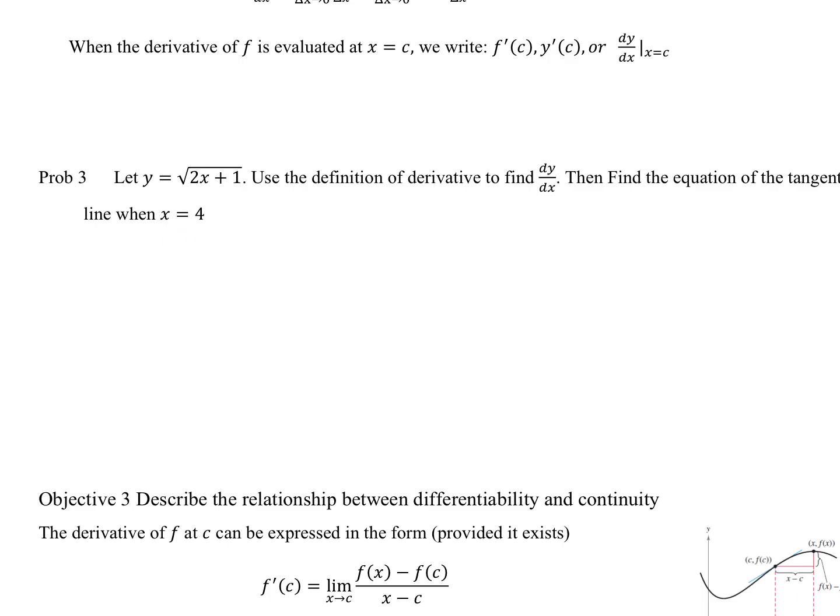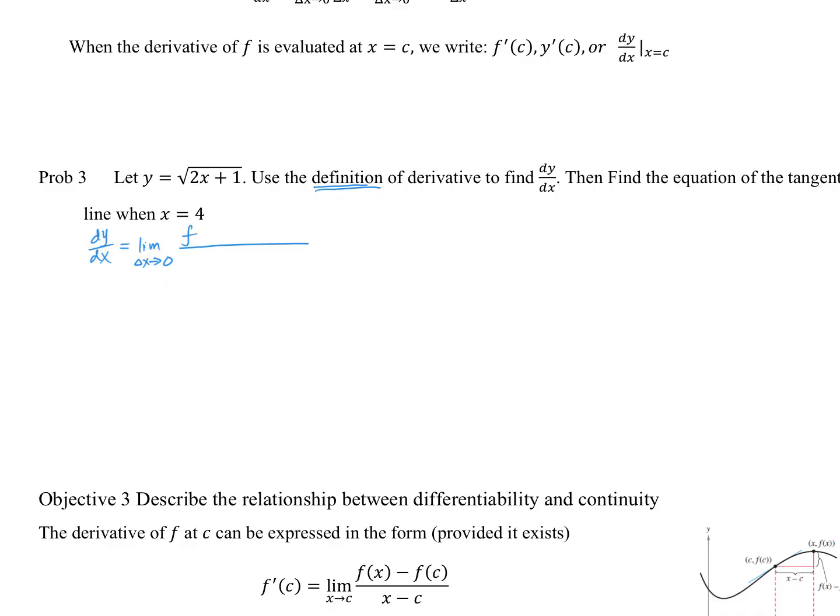Well, first of all, we need to find the dy dx, which means, again, we are required to use the definition. So we are going to start writing the limit notation. Delta x approaches 0, and the top is the change in y, the difference quotient, right?